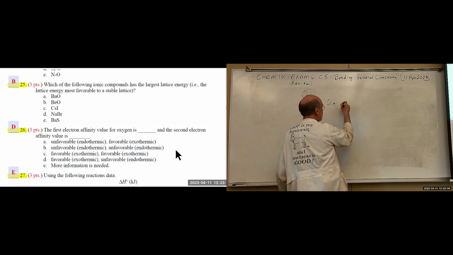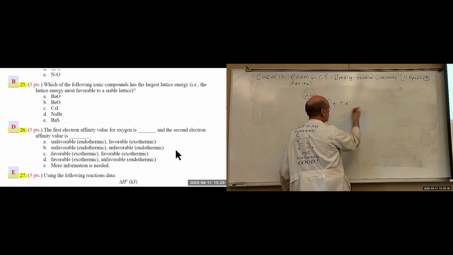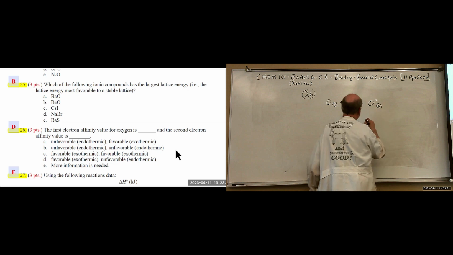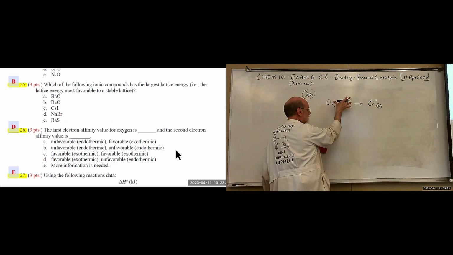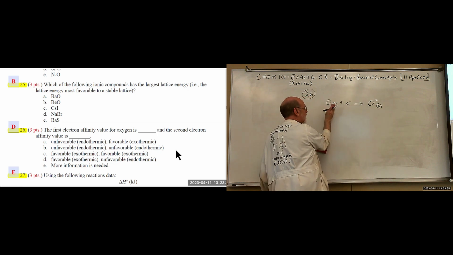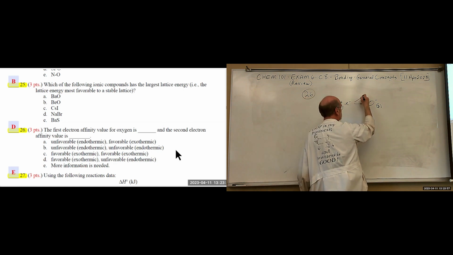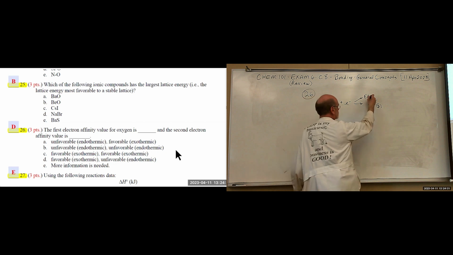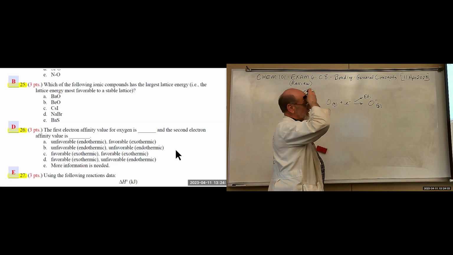Then we're going to add an electron to it, and it's going to make this ion in the gaseous state. And when the electron comes from infinity down to oxygen, it's going to give up a certain amount of energy. It's going to be exothermic.